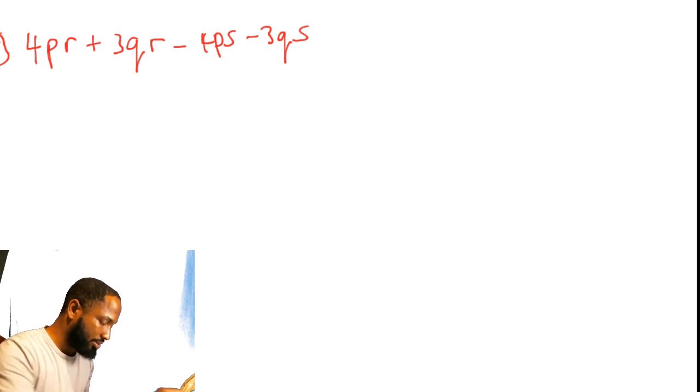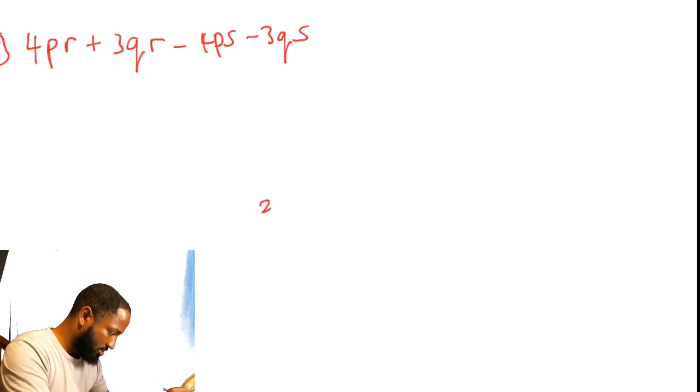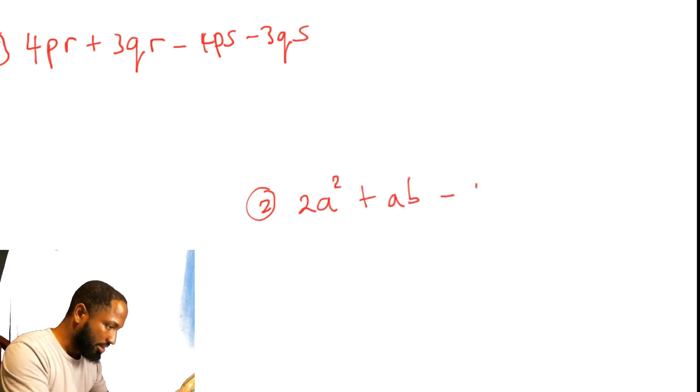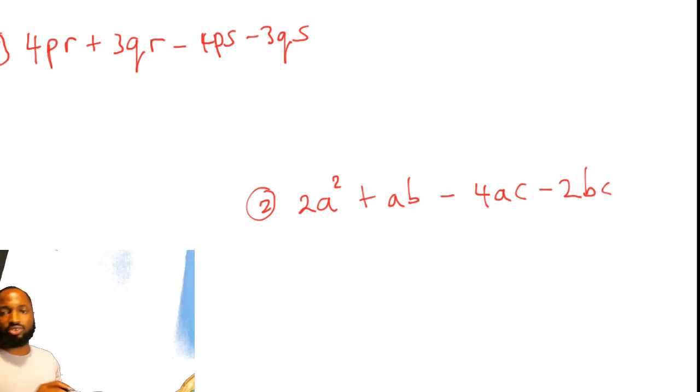Let's try this one: 2a squared plus ab minus 4ac minus 2bc. And that's another one. Let's try those two, class. Let's see if we can get them out. Oh, Mary sent me a picture in the group. Cool.